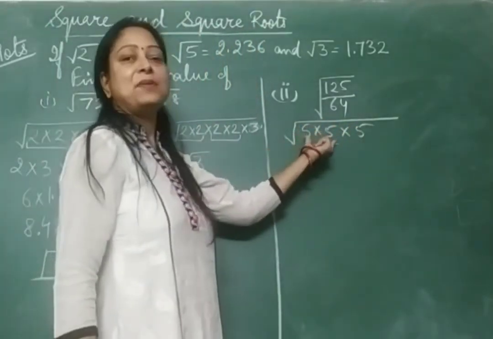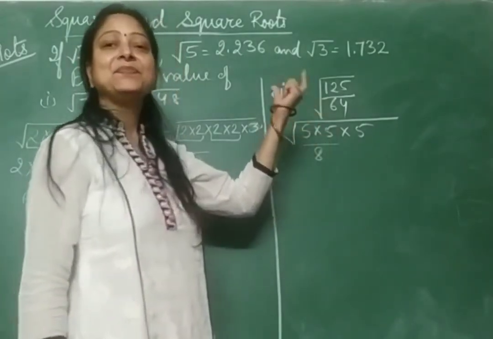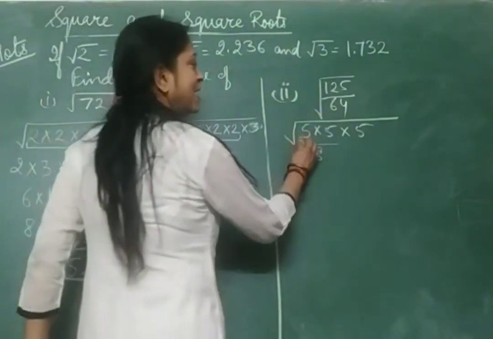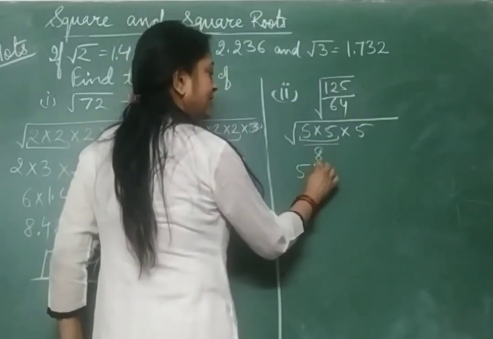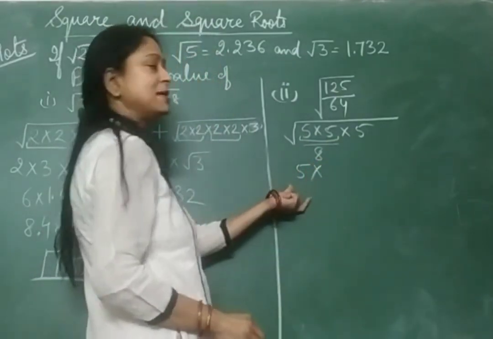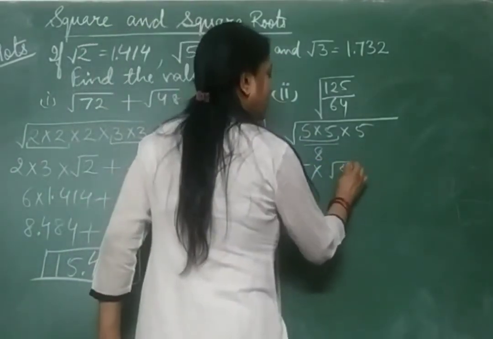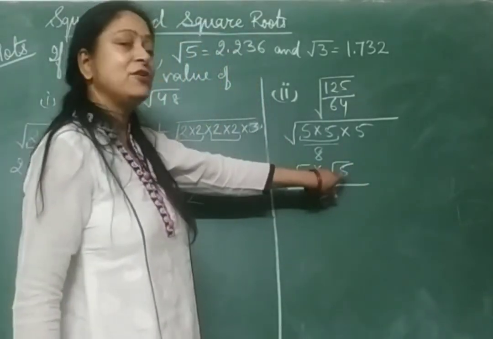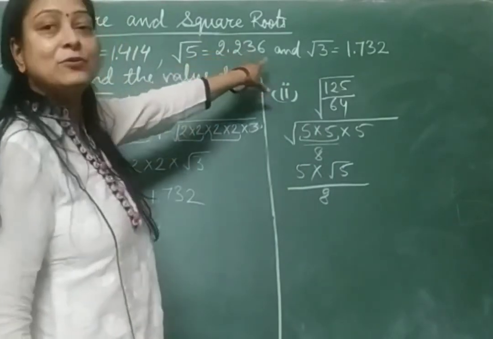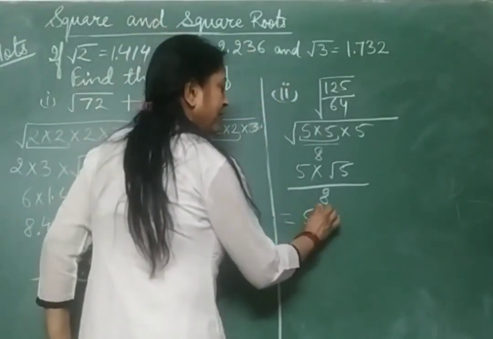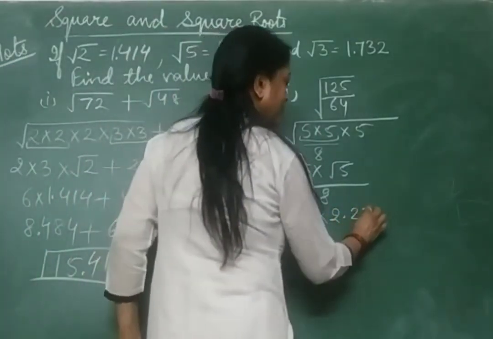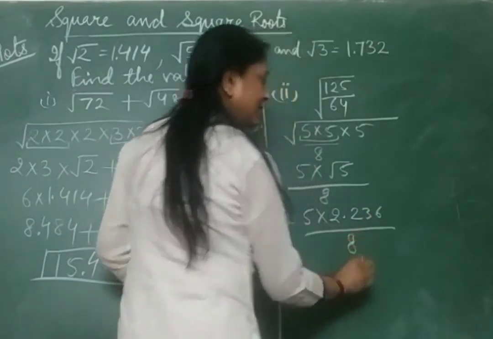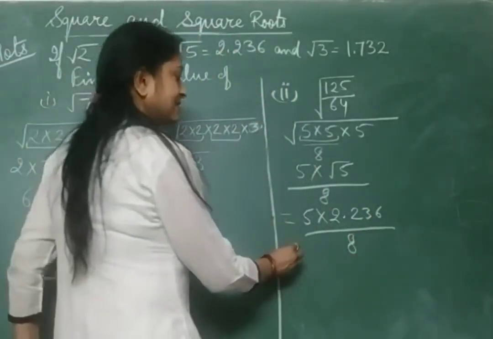And now make the pairs of same prime factors. So the answer will be 5 multiplied by square root of 5 divided by 8. Now put the value of square root of 5, that is 2.236. 5 multiplied by 2.236 divided by 8. Let's do this.